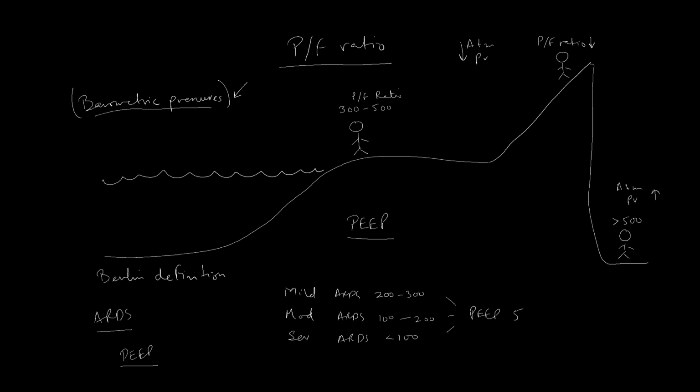For example, think of it this way: if a patient has a PF ratio of 200 on a PEEP of 5, I would want his PF ratio to be at least more than 300.